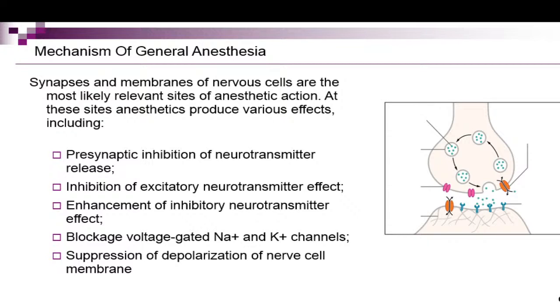At these sites anesthetics produce various effects, including presynaptic inhibition of neurotransmitter release, inhibition of excitatory neurotransmitter effect, suppression of neurotransmitters, enhancement of inhibitory neurotransmitter effect, blockage of voltage-gated sodium and potassium channels, and suppression of depolarization of nerve cell membrane.